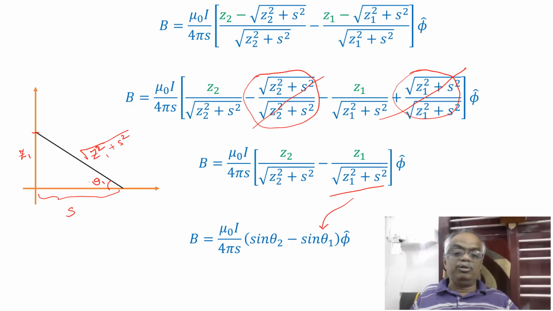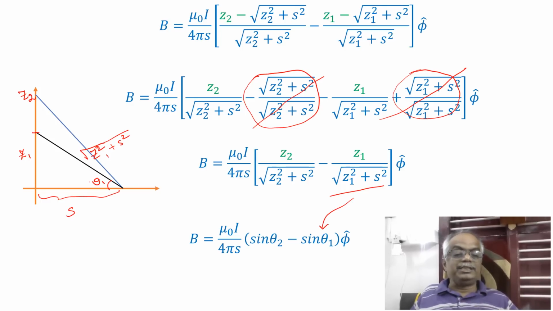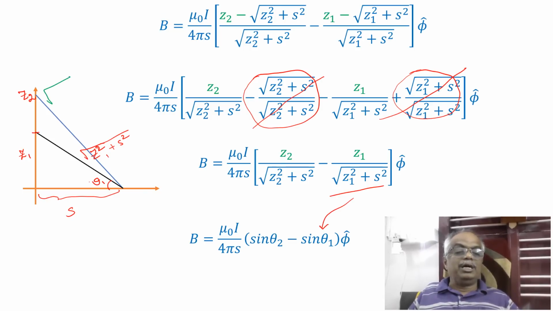Now you will come to the first one. First one, let us say this distance is Z2. This is S only. So what is this distance? It is equal to square root of Z2 square plus S square.